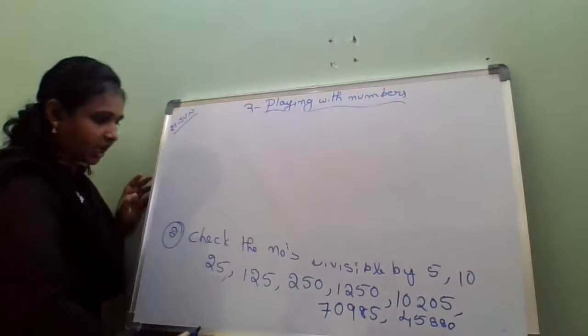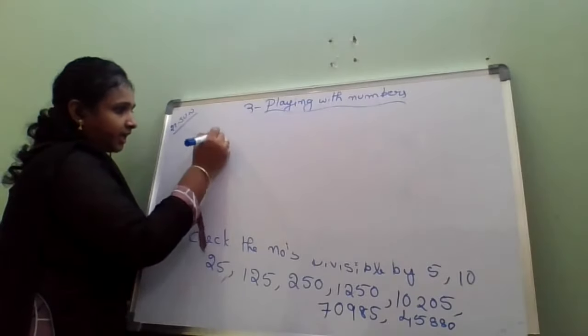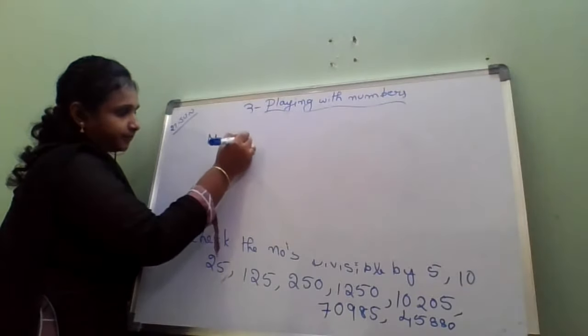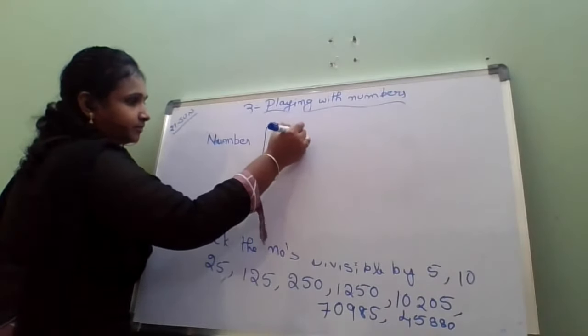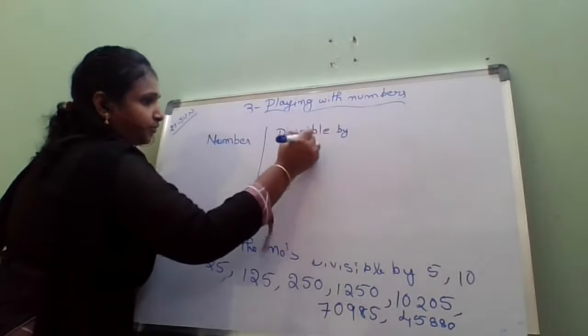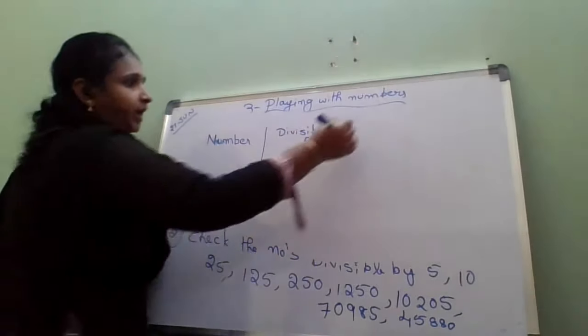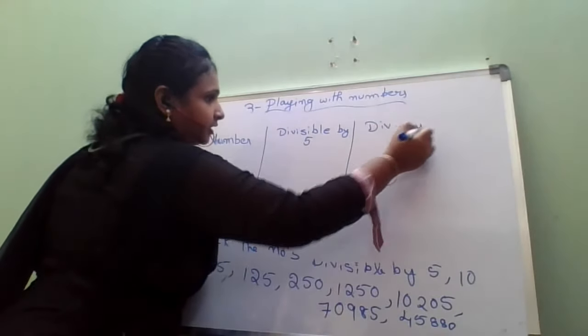In this table we will take here number, next here divisible by 5, next here check divisible by 10.